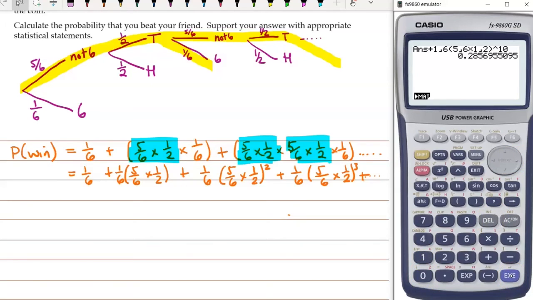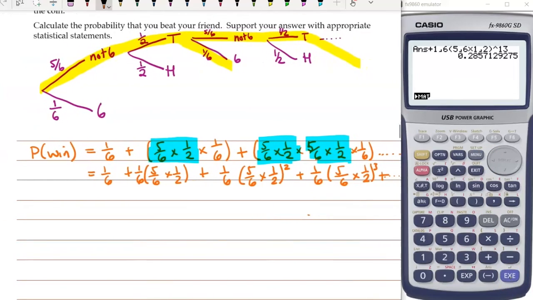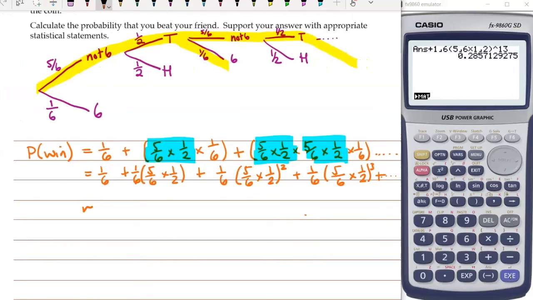So we've got 0.2857, and if we keep going, it's adding on very small amounts now, but it's not going to push us past the 7. So this will be approximately equal to 0.2857.